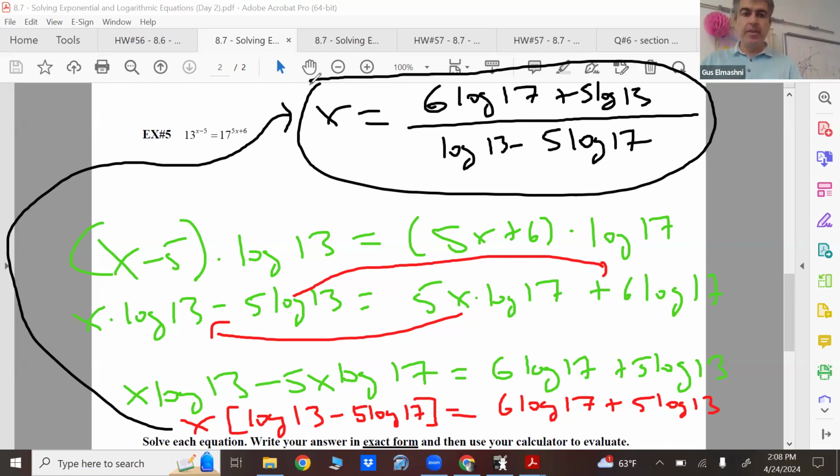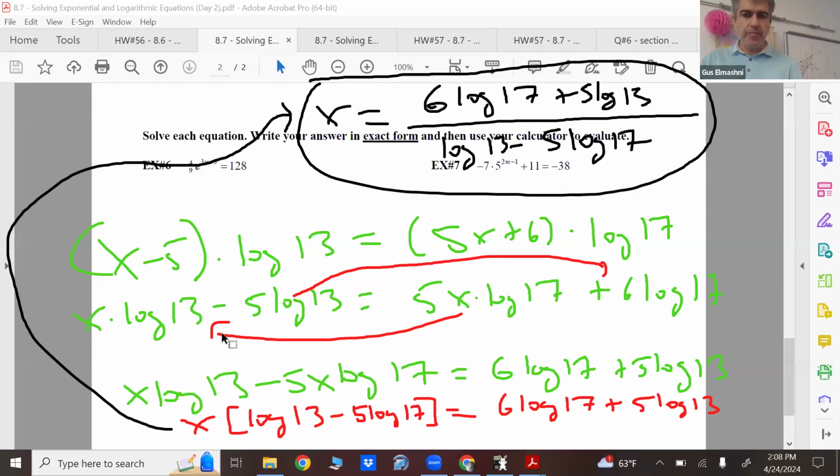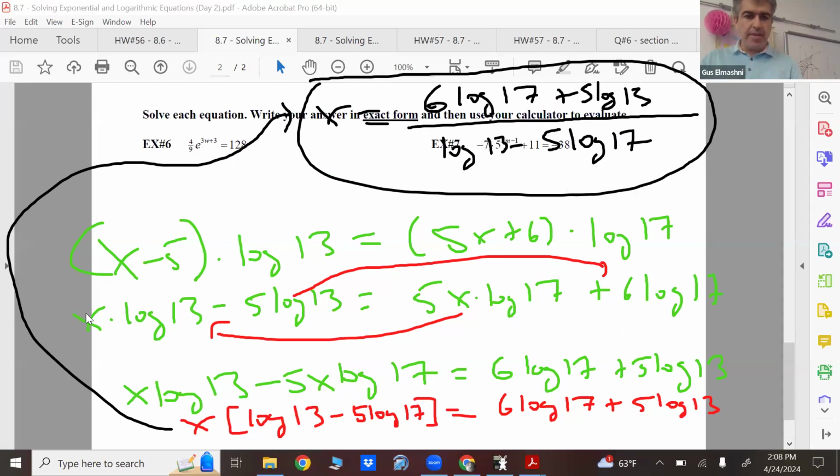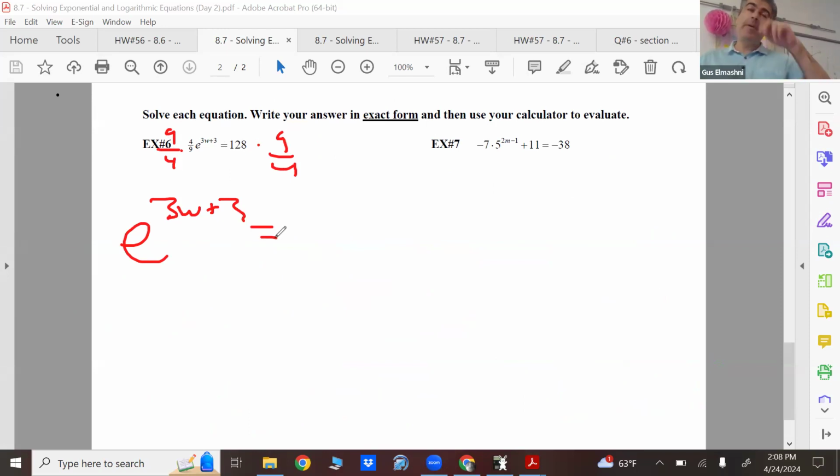All right. And then lastly, what do we got down here? Again, exact form. So you can see that these still involve logs, so we're doing logs along the way. I'd multiply both sides by 9/4. Get rid of that fraction. What's 120 divided by 4? 32.